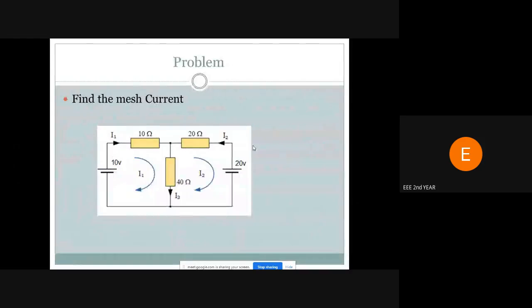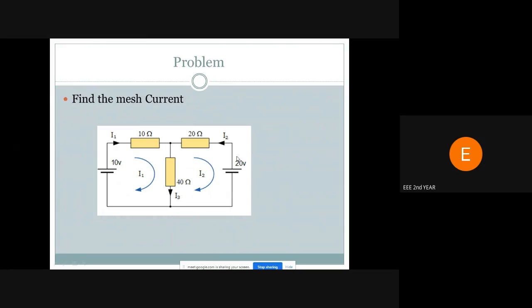And for the second equation, you have to consider the second mesh. In the second mesh, we start at the upper right corner. From that, 20 into I2, and here I2 minus I1 into 40, which is equal to minus 20.